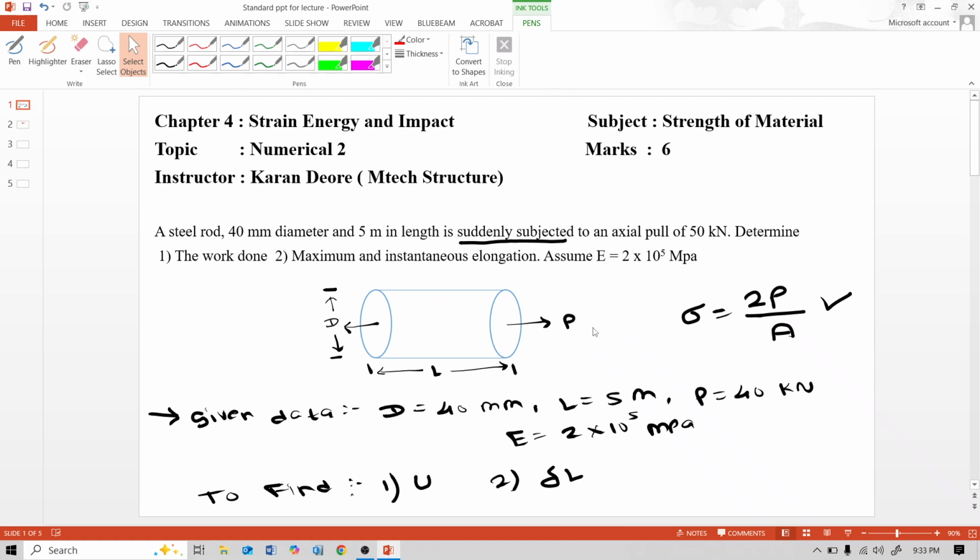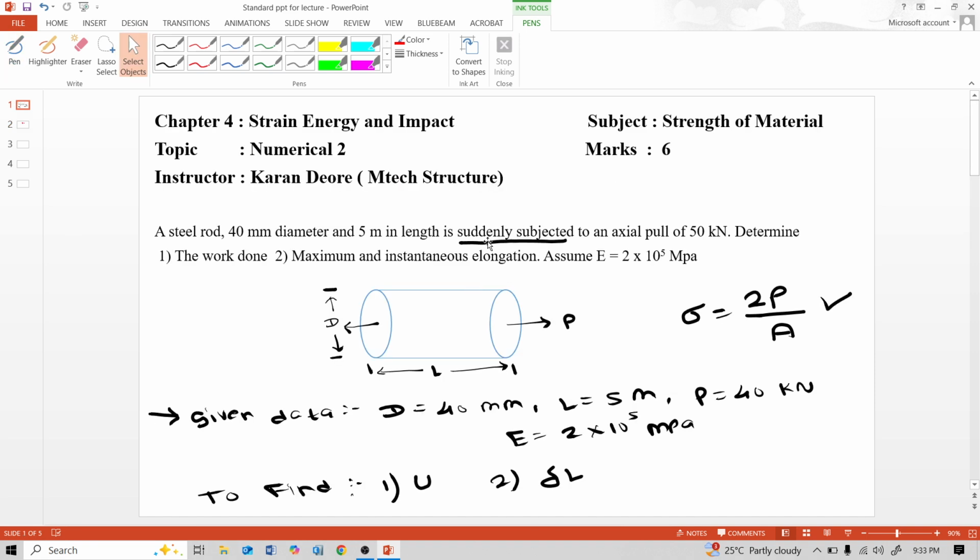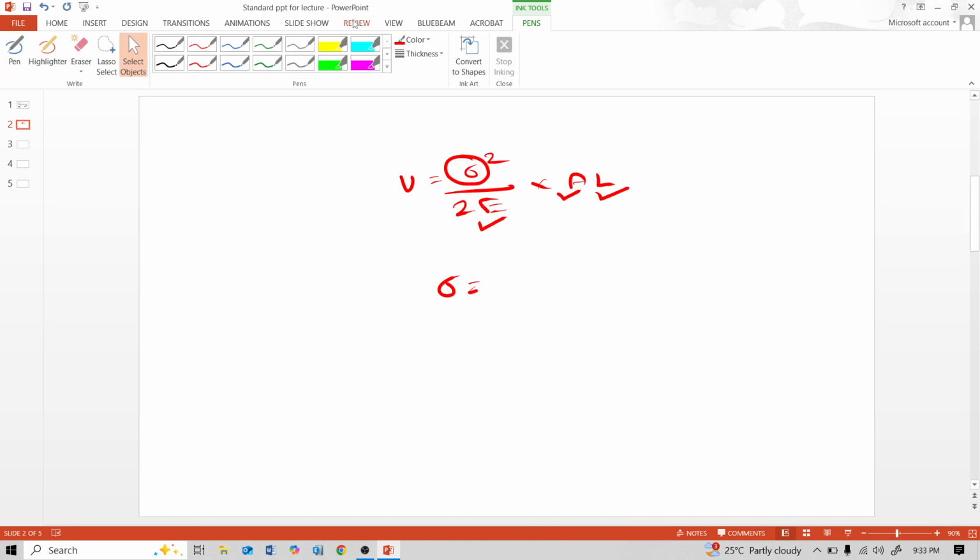E is given, 2 into 10 raised to 5 MPa. We don't know the stress, and this stress is, for suddenly applied load, 2P by A. When we put this stress in this equation, we get U, strain energy or work done.